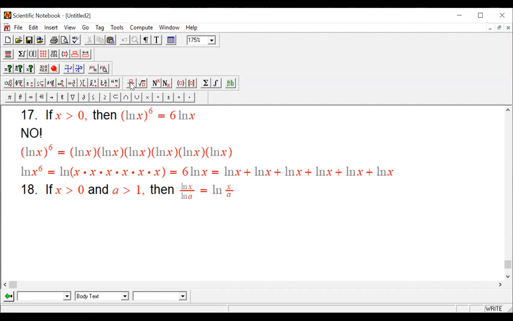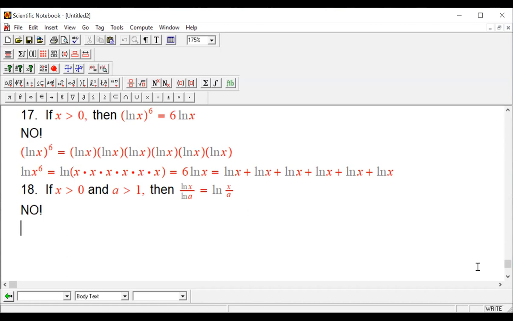Is that right? We have guaranteed that because ln 1 equals 0, there's no worry about the left-hand side having a 0 denominator. Would that be the same? The answer is no.